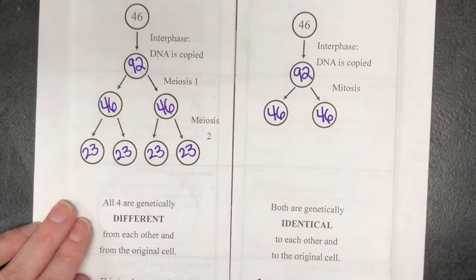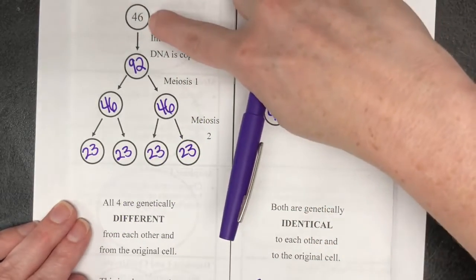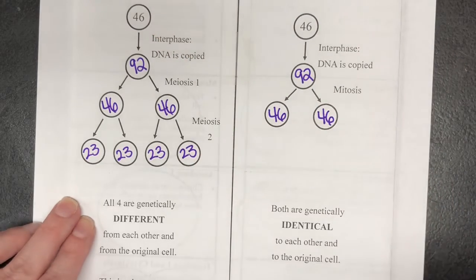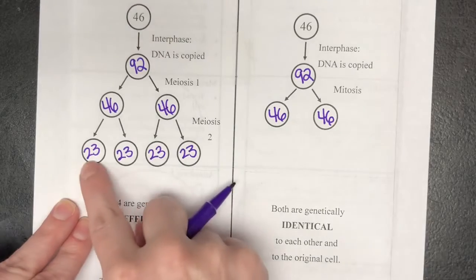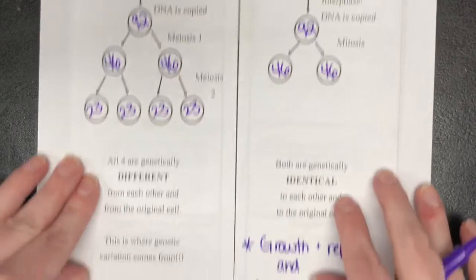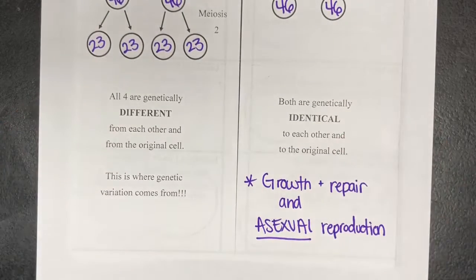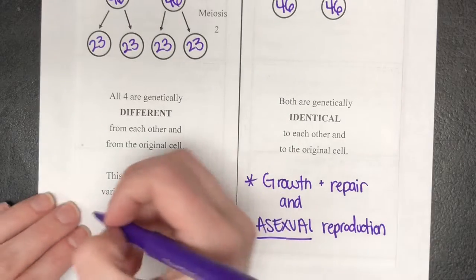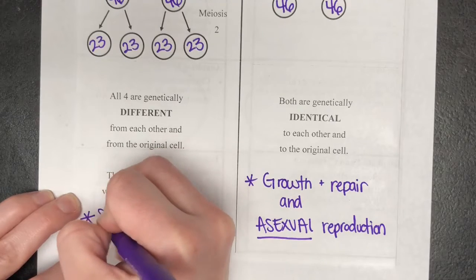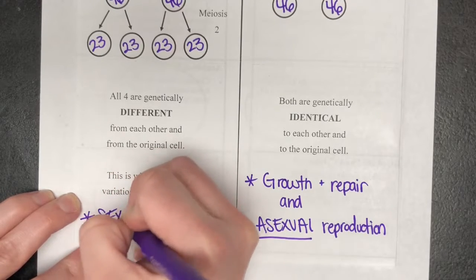We can tell that already because this one has 46 chromosomes, this one has 23. But additionally, after recombination, all of these will be different. So the result of meiosis is 4 genetically different cells, and it is used only for sexual reproduction.